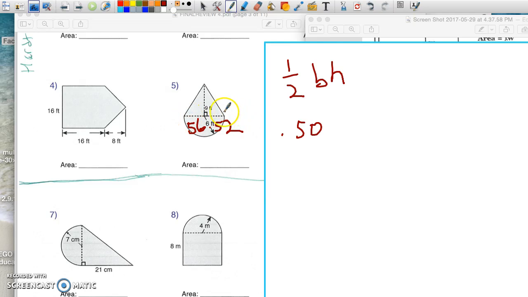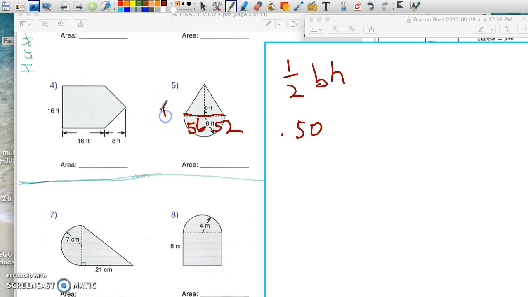Oh, wait a minute. Ooh, that's tricky. Look at that. Okay, so wait a minute. We only have the radius. The radius we know is 6. Remember, radius is halfway. If the radius is 6, which means halfway, see that? And that's the same length. If radius is halfway, what's all the way?